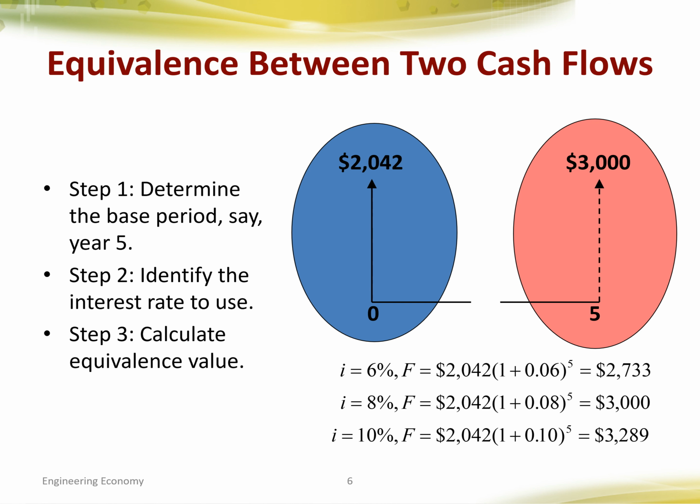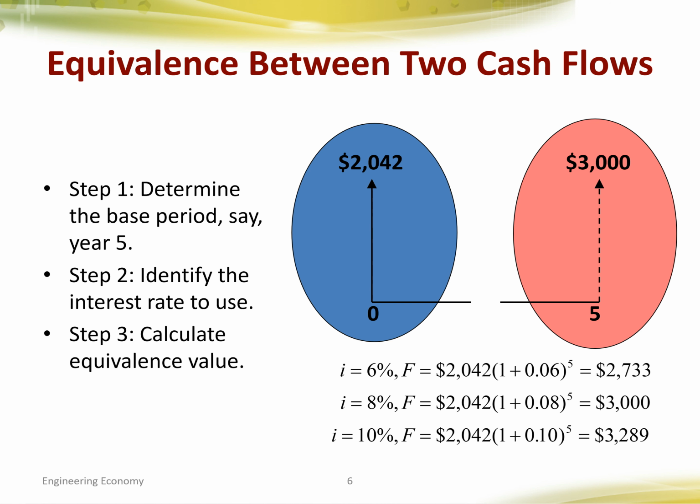So if you look at the figures, we can see two numbers, 2,042 and 3,000. They are equivalent. If we say that they are equivalent, it means that they are equivalent under the assumption that the interest rate is 8%.